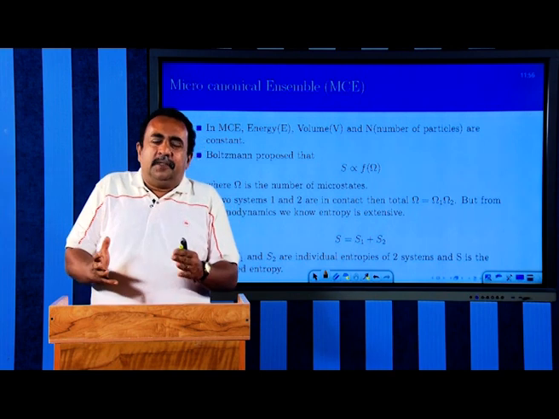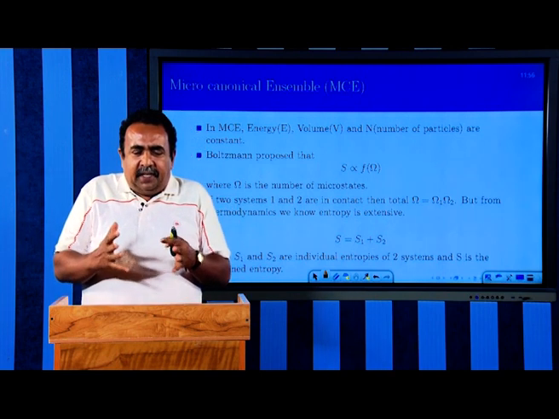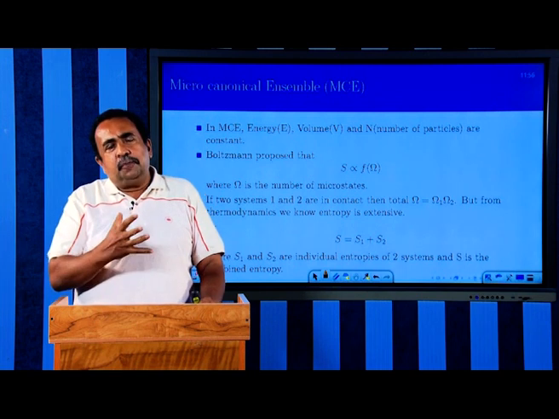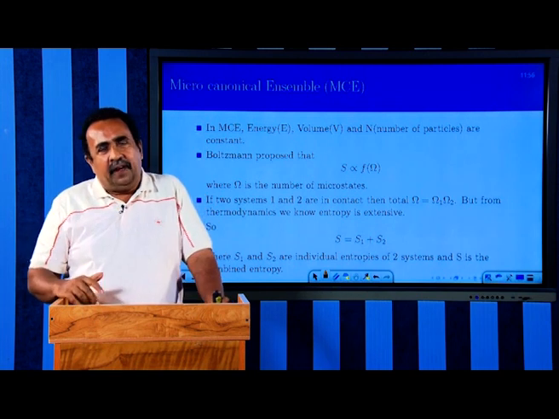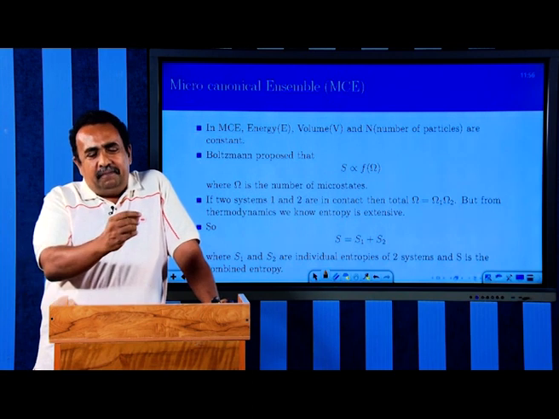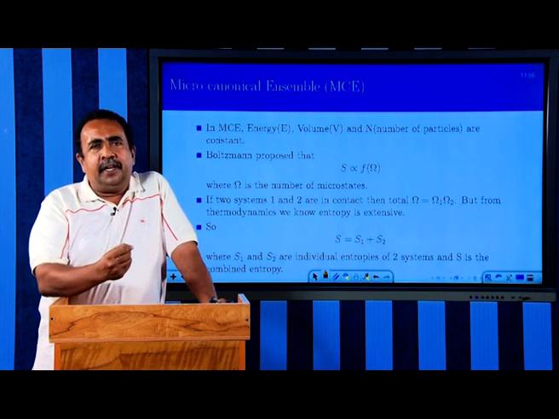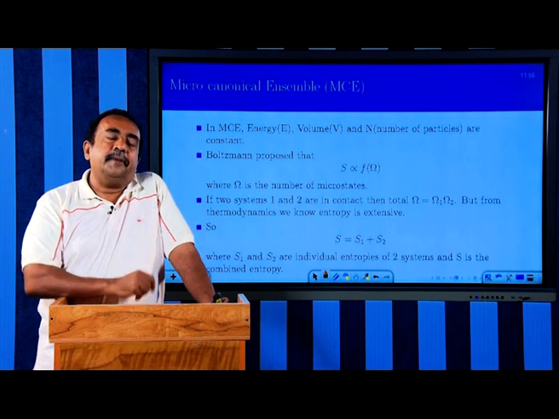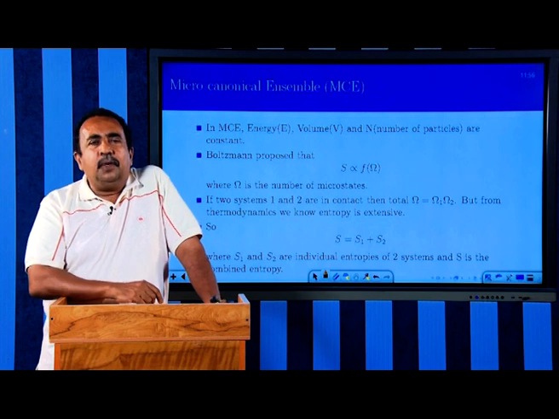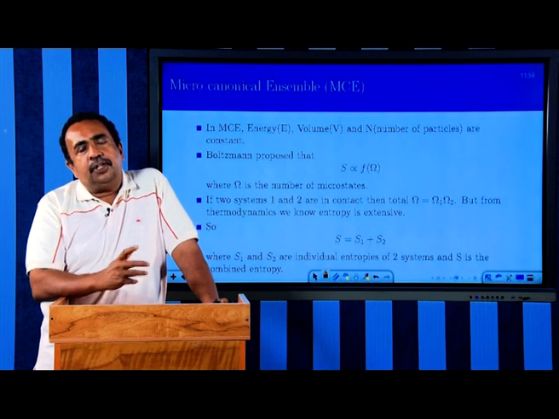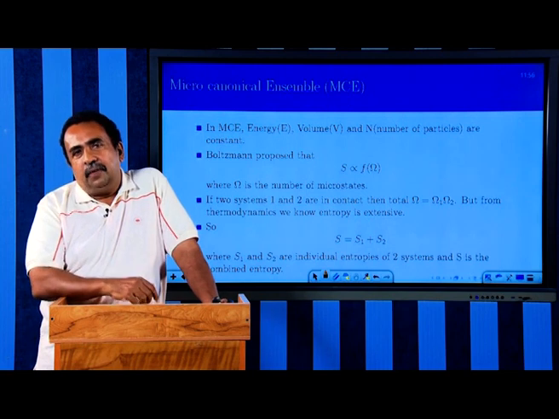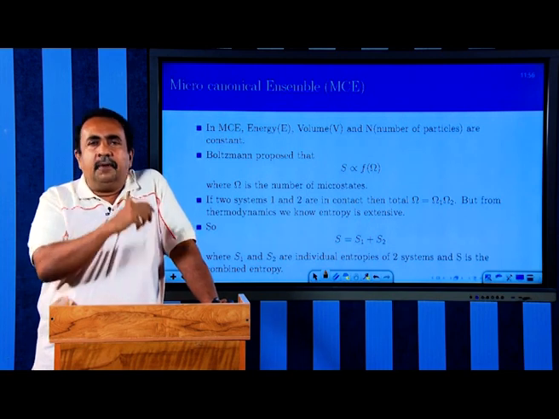It is a number. What is omega, I will explain later, but with some examples we will be able to understand it shortly. Let us derive the equation suggested by Boltzmann. He said that S will be a function of omega. Omega is the number of states available for a system.